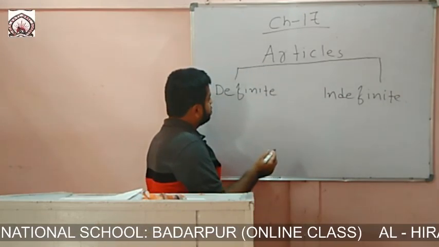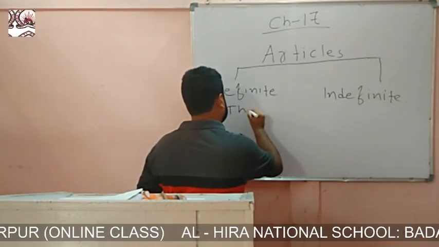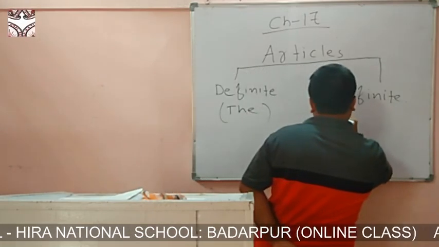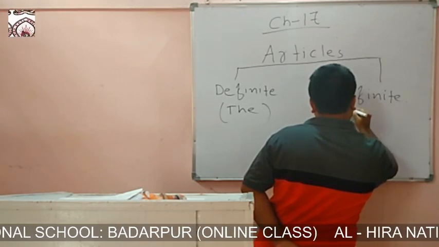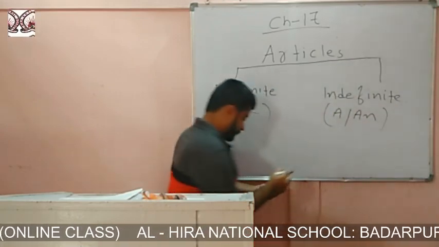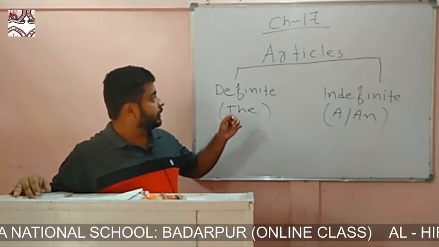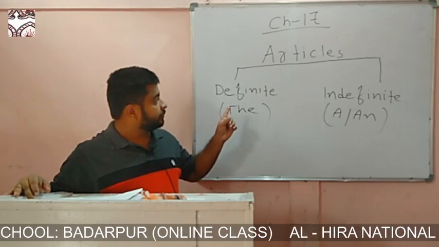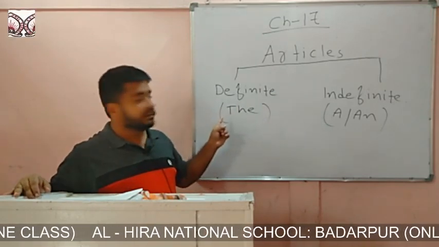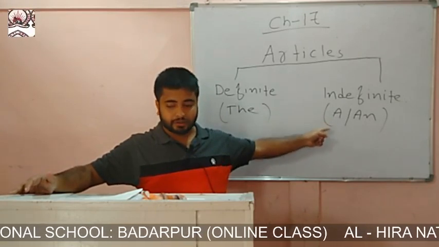So the is definite article and a or an is indefinite article. So, dear students, I have written on the board articles, parts of articles. There are two types of articles, definite and indefinite. The is the definite article and a or an is the indefinite article.